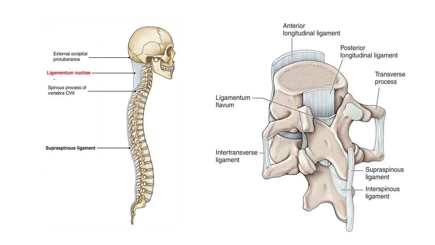And the second point I would like to discuss is about the ligamentum nuchae. It is a fibroelastic ligament that extends from the external occipital protuberance to the spine of the seventh cervical vertebra.